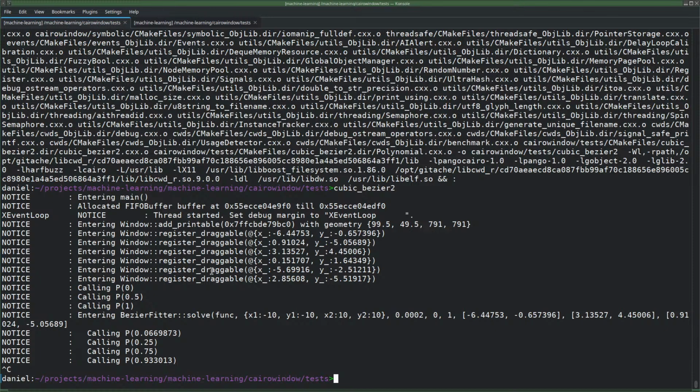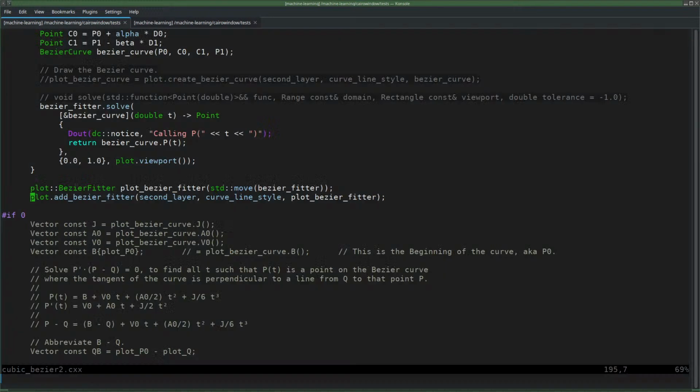So if I change the lambda to return something nonsensical, like 0,0, I think it should work because it knows that it is a point. So if I do it like this, it's going to try to construct a point from 0,0.